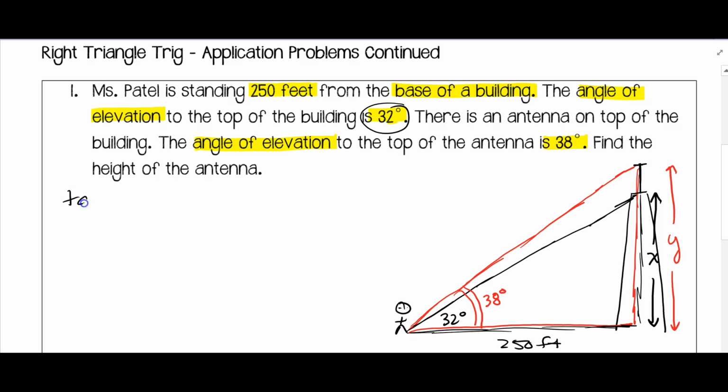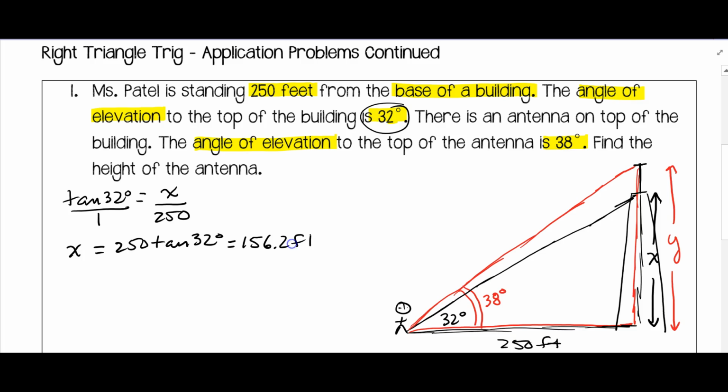I've got the tangent of 32 degrees is equal to the opposite, which is x, over the adjacent, which is 250. We'll put that over 1. I'll cross multiply, so I get 1 times x, which is x, equals 250 tan 32. And that will give me approximately 156.2 feet.